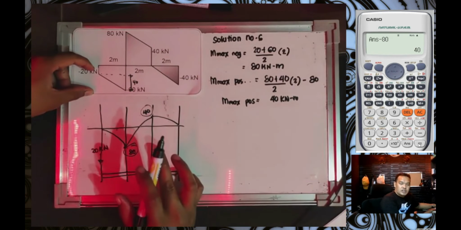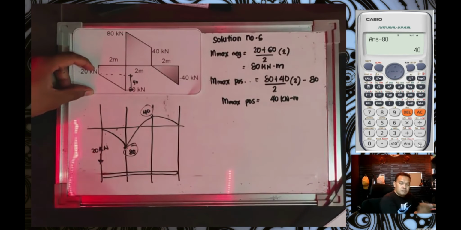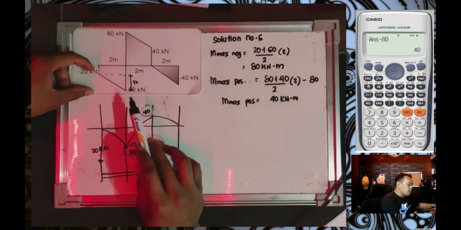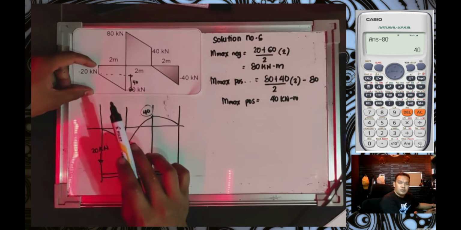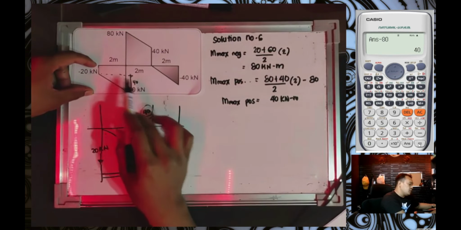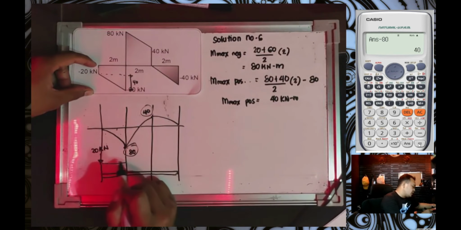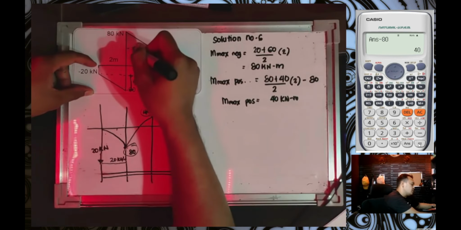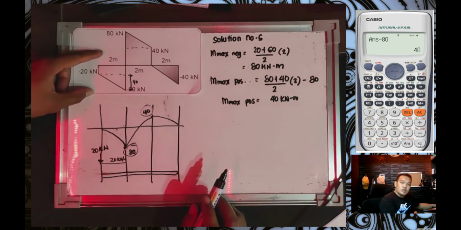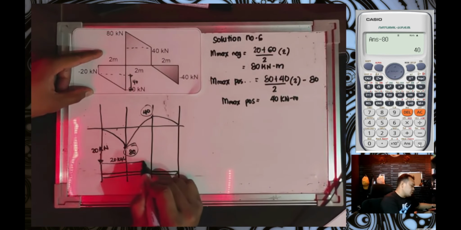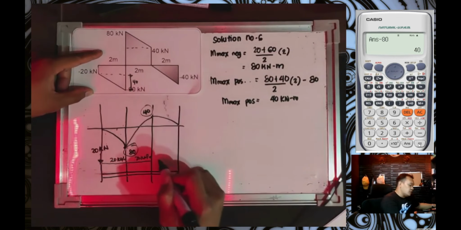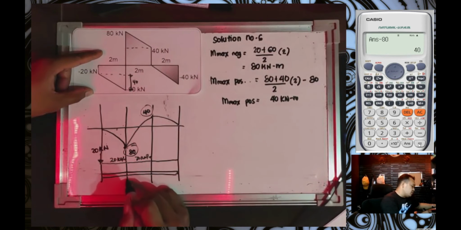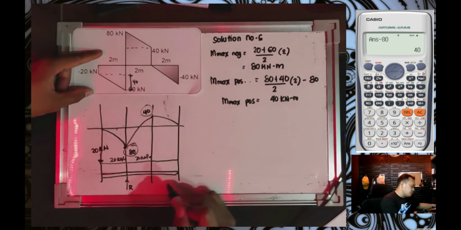Yung 40 na yan, i-divide mo lang sa length para makuha mo yung uniformly distributed load. So, 40 divided by 2, meron kang rate na 20 kilonewton per meter. Same goes with this one, 40 ulit, divided by 2, 20 kilonewton per meter. Then ito, another 20 kilonewton. Then meron kang reaction dito at meron kang reaction dito.